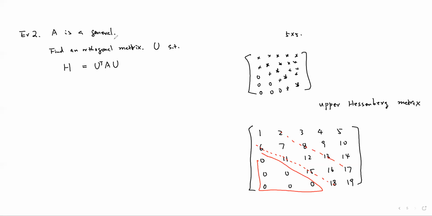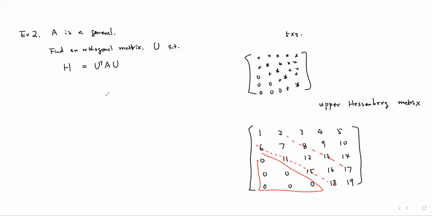Before I perform the QR algorithm on the matrix A, first transform A into an upper Hessenberg matrix. Now, this matrix has the same eigenvalues as the original matrix A because Q is orthogonal.